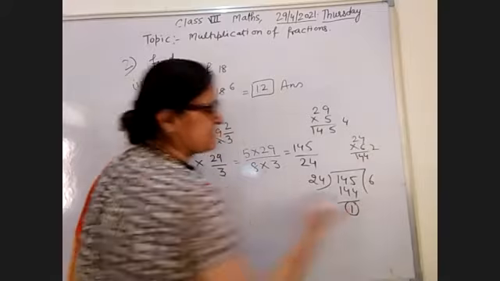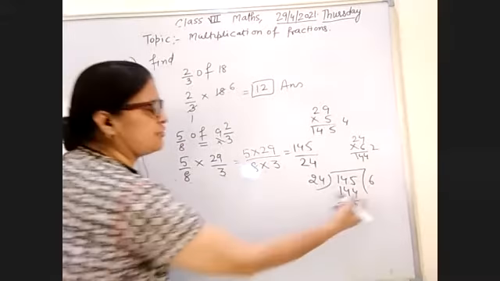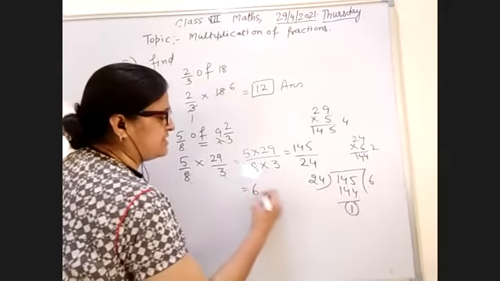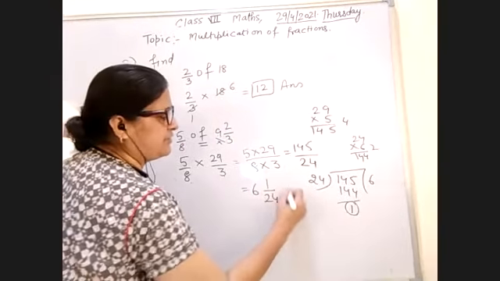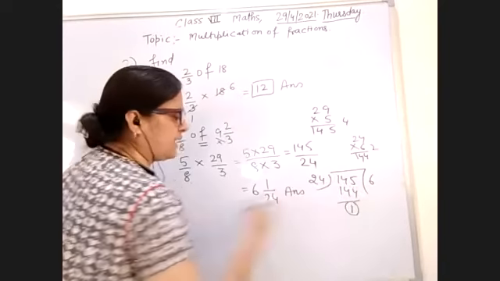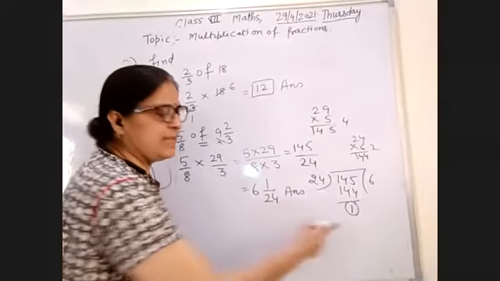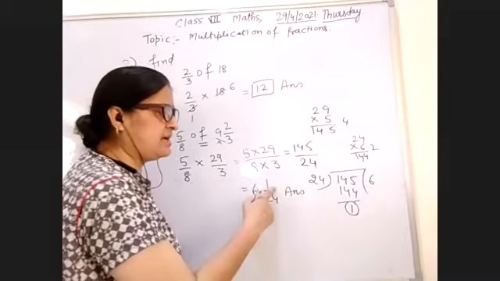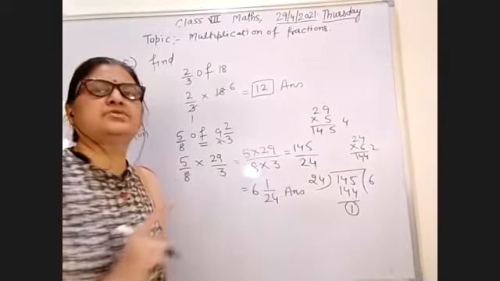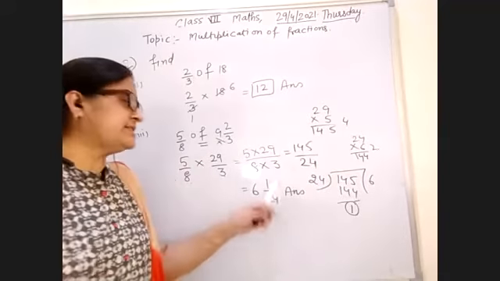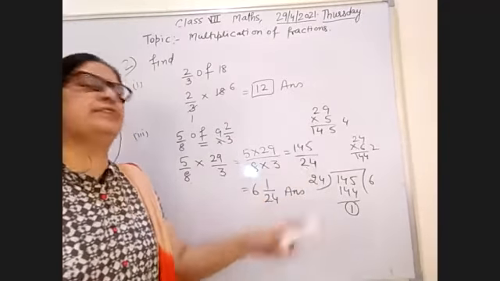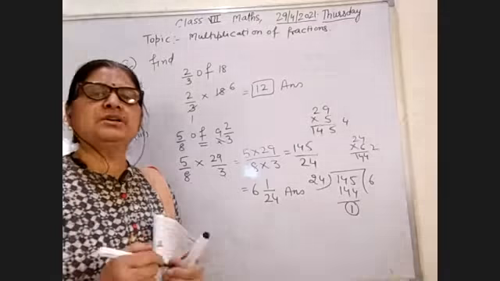So 1 is remainder left. So how will you write it in the mixed fraction? 6 and 1 upon 24. First you have to write down the quotient, then the remainder, then the divisor. So this is the mixed fraction of 145 upon 24.